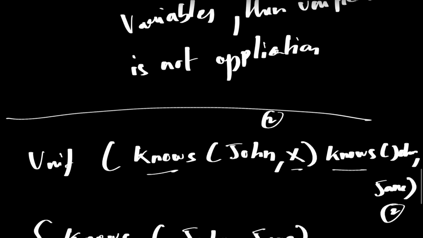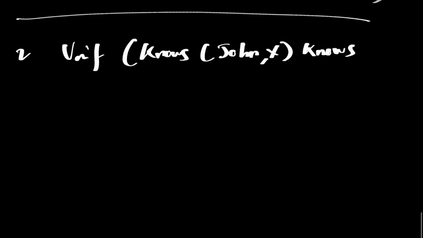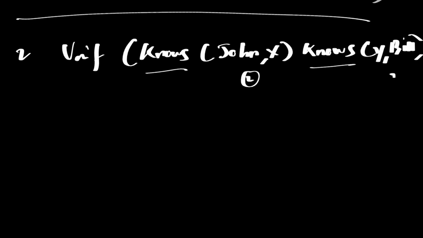Now, first we check for the rules. We do have the common predicate. Then we have the same number of variables in both the logical statements. So we can apply the unification process. And one more rule is that the same variable is not available in both the statements, because in one we have X and in another we have Y.